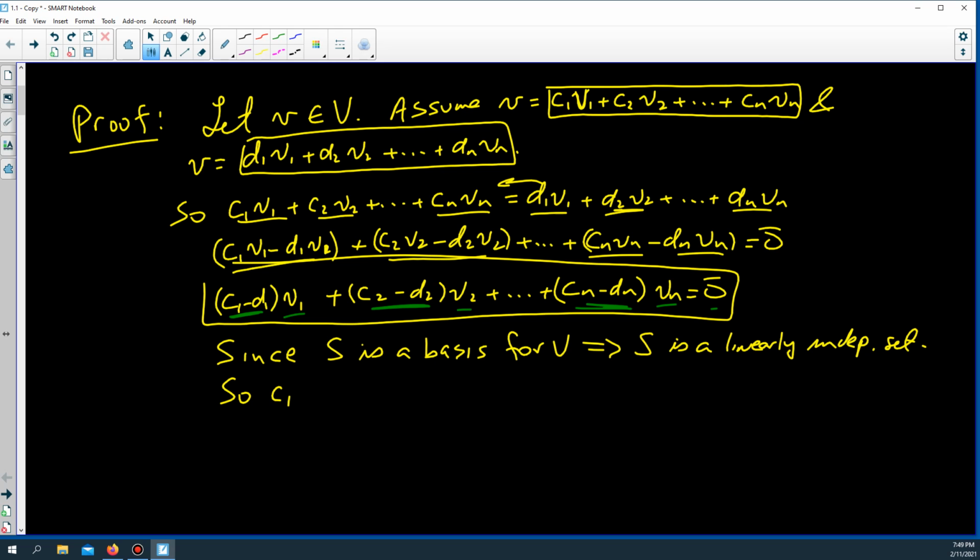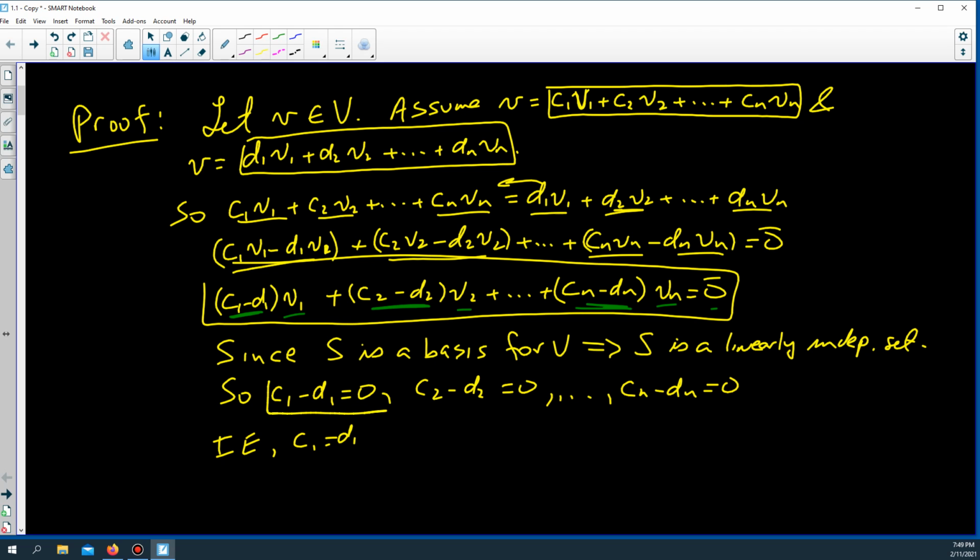So, c1 minus d1 equals 0, c2 minus d2 equals 0, all the way down to cn minus dn equals 0. That is, c1 equals d1, c2 equals d2, all the way down to cn equals dn.